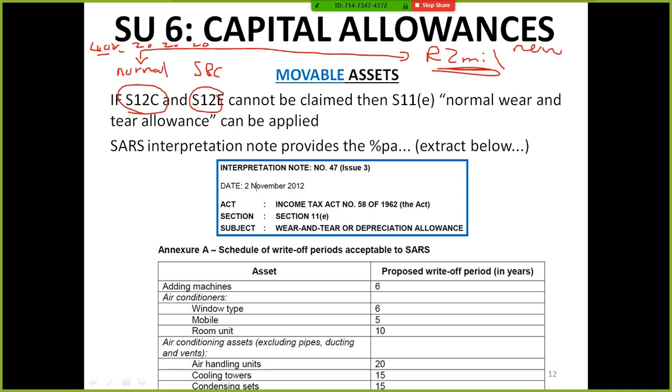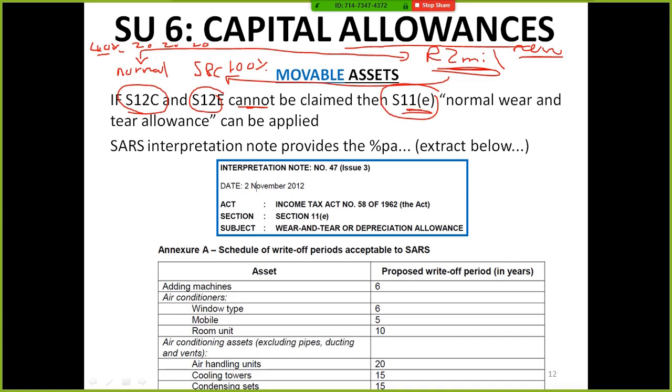If it's an SBC, it's even better. If it's a new bottling machine, the SBC is going to write off 100%. Once an asset, and it doesn't have to be new, it can even be used, has been written off, and when I say written off, inverted commas, I mean claimed as either a deduction or an allowance from a SARS perspective, you cannot claim wear and tear.